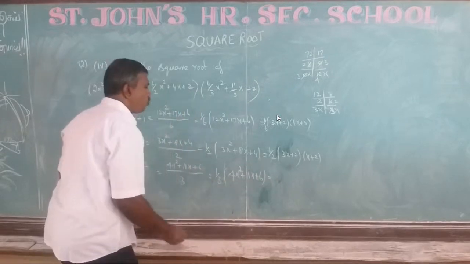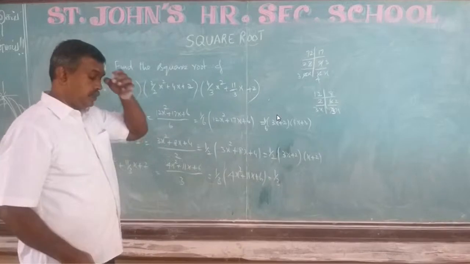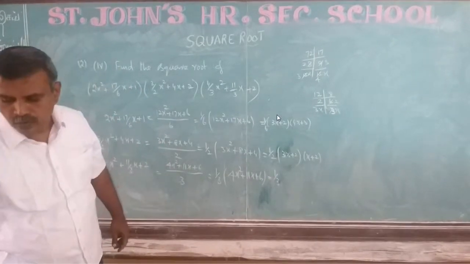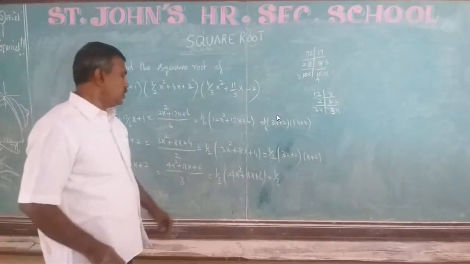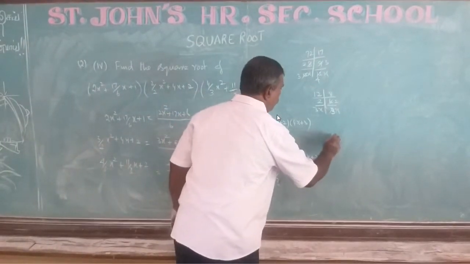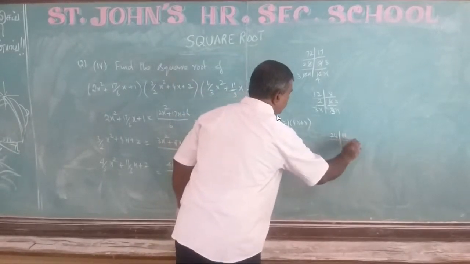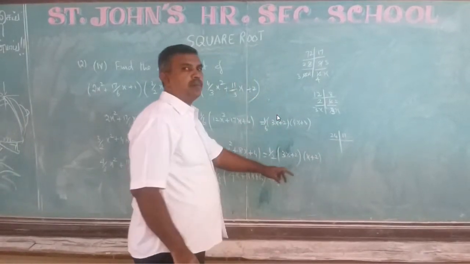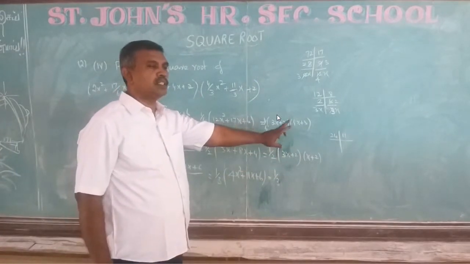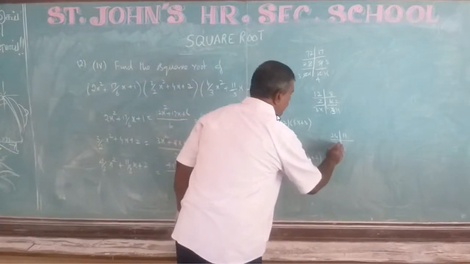Apply the T method: 4 into 6 is 24, and the sum is 11. We take two numbers whose sum is 11 and product is 24: that is 3 and 8.